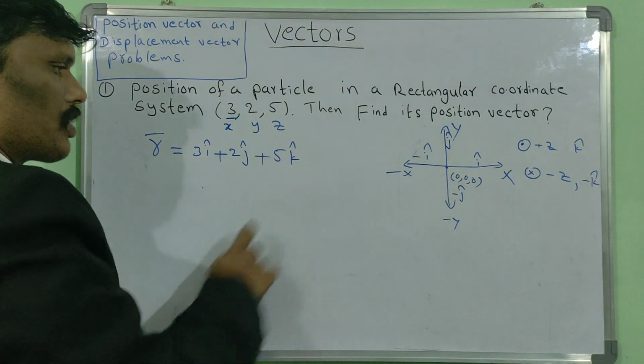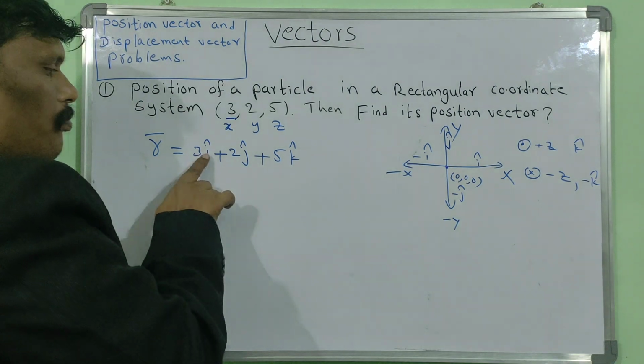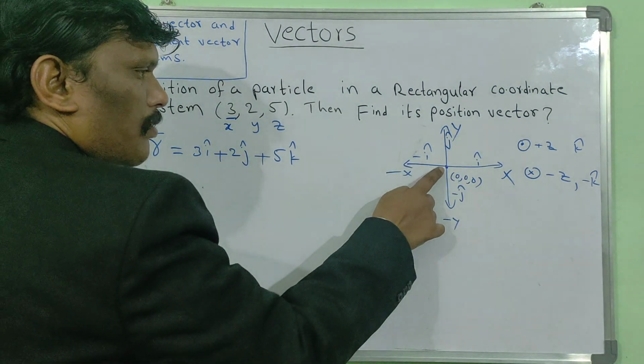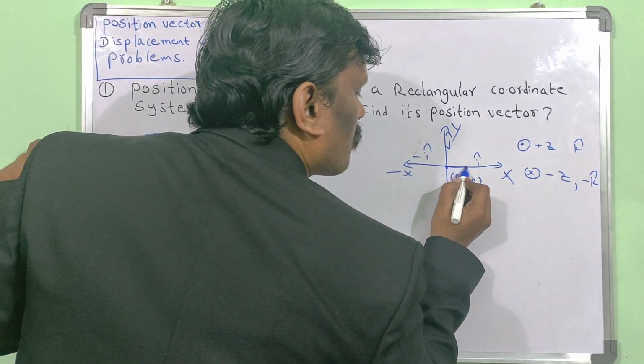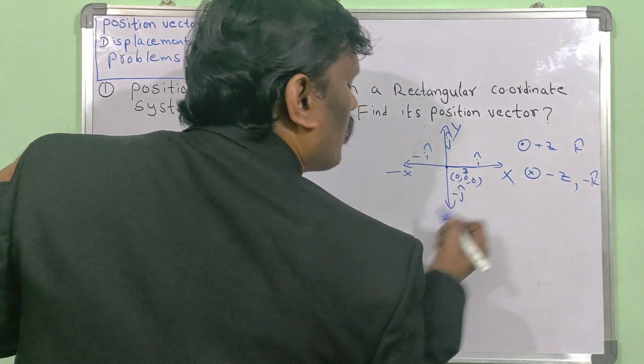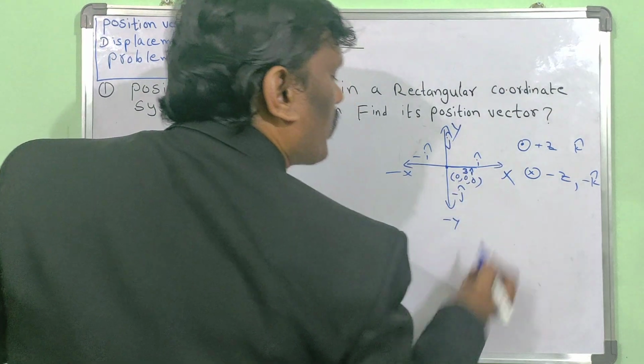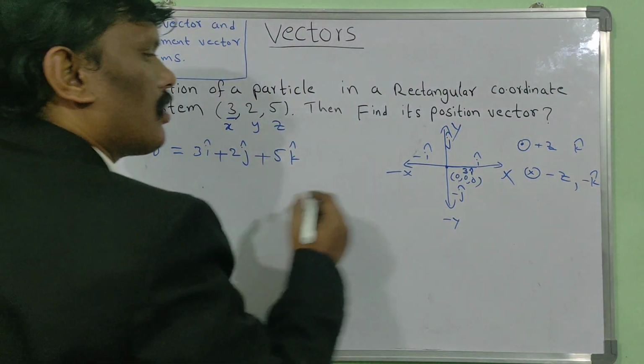What is the meaning of the position vector? 3 units along the positive x-axis, starting from the origin. 3 units along the positive x direction, that is 3 i cap. After that, 2 units along the j cap direction.